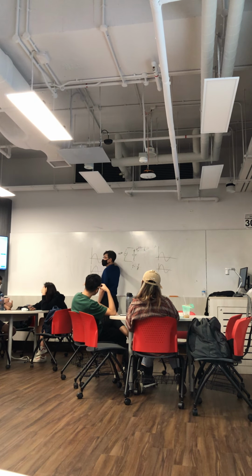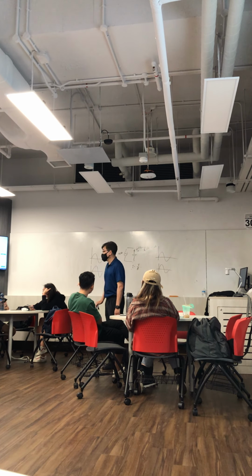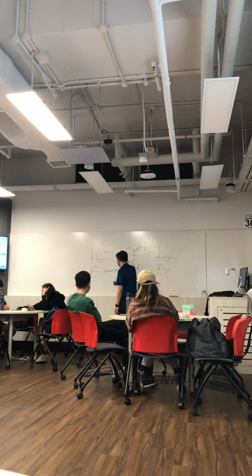If this is A sin(omega t), then this is A sin(omega t plus some phase), right? If you agree with me, this is amplitude, this is phase. Then I can write something as an amplitude with a phase. I can express this as amplitude Z, with a phase angle, right?